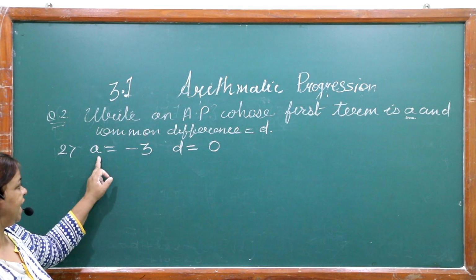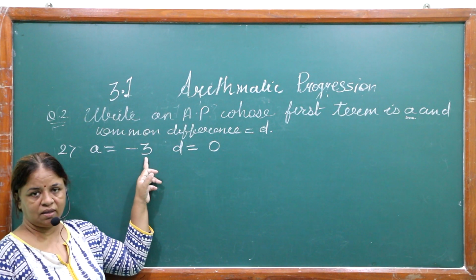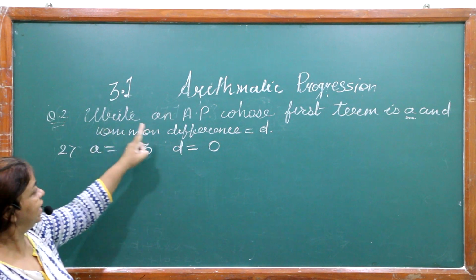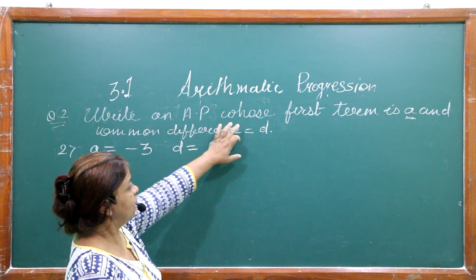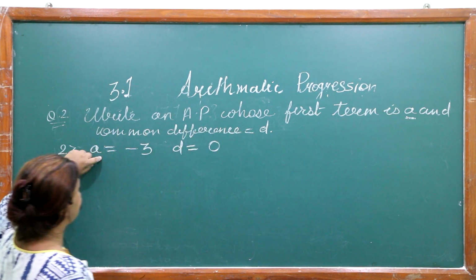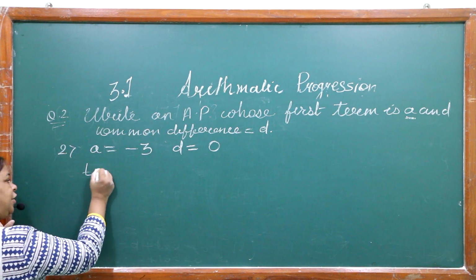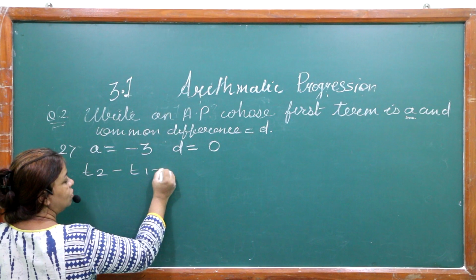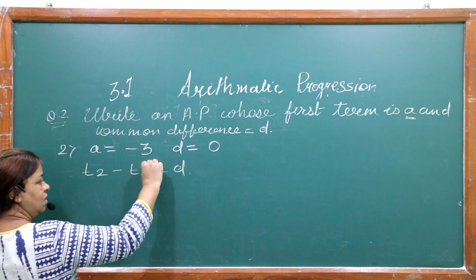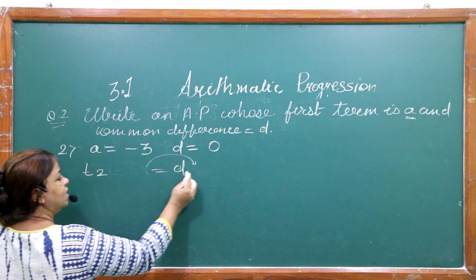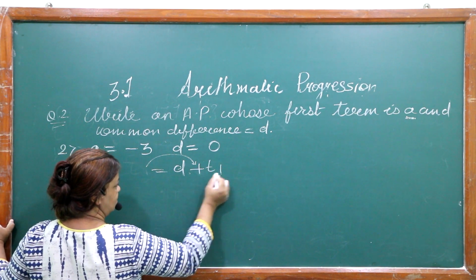Question number 2, where the A value is given as minus 3 and the D value is given as 0, and we want to find the AP whose A is minus 3 and D is 0. Let us see. T2 minus T1 is equal to D, as it is in AP. T1 will go to this side, so I write T2 equals D plus T1.